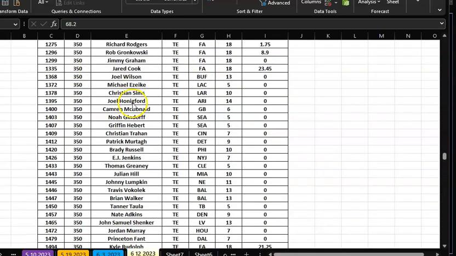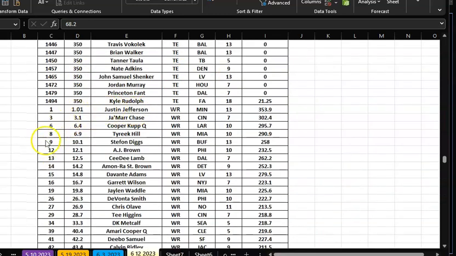So the top 6, 1, 2, 3, 4, 5, 6. So Brown, Diggs, Hill, Cup, Chase, Jefferson. Who's the outlier? The fantasy pros say it's Diggs, of course, the points.